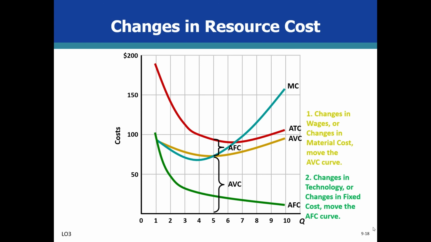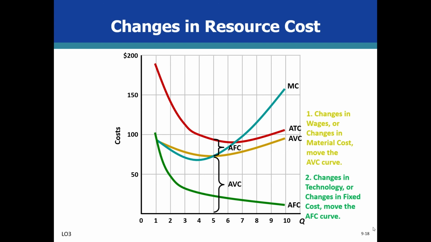In the short run, the cost curves can change. If wages increase, then the average variable cost curve would move upward, the gold line, and would alter the red average total cost curve as well. Average fixed cost would not change. If wages or material cost were reduced, then the opposite would occur.